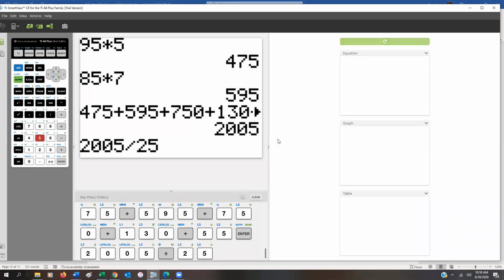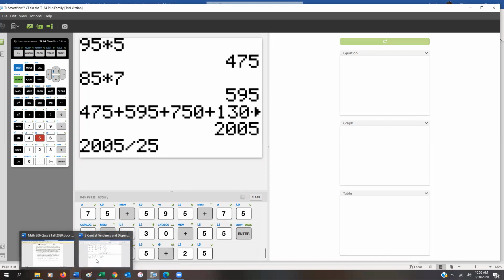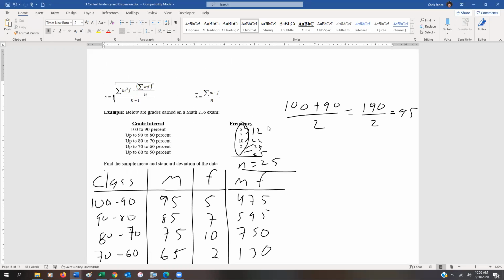Before we get the answer, let's think of what the answer should look like, because if it doesn't look like it, then it probably doesn't make a lot of sense. Remember, the range of our data was from 100 to 50. Most of the data is between 100 and 70, so we should probably get a number somewhere between 100 and 70.